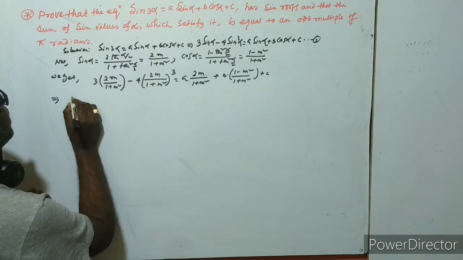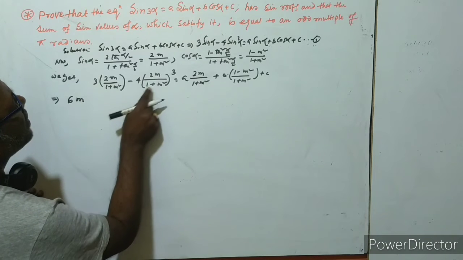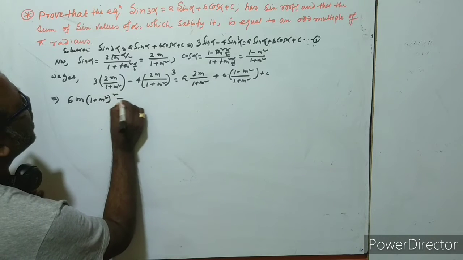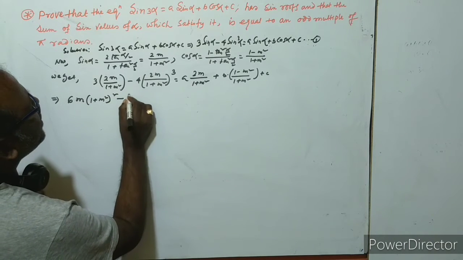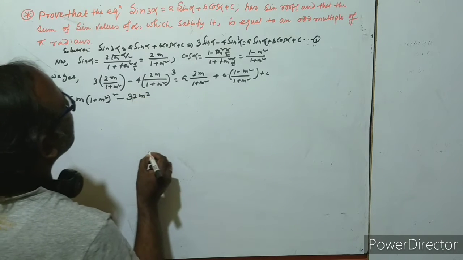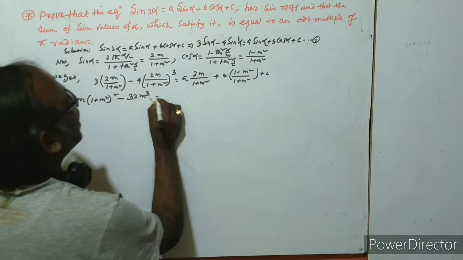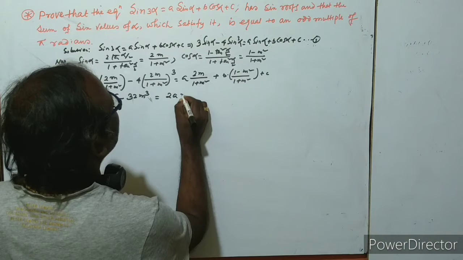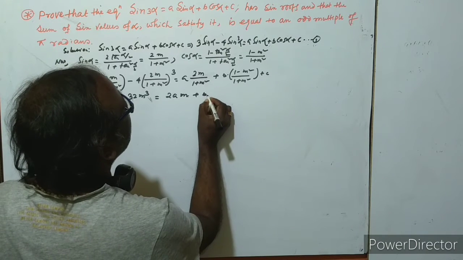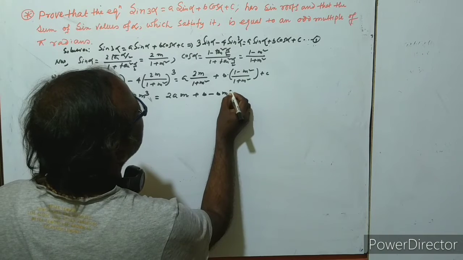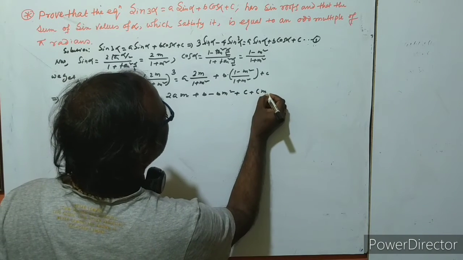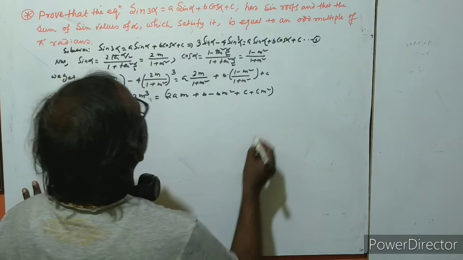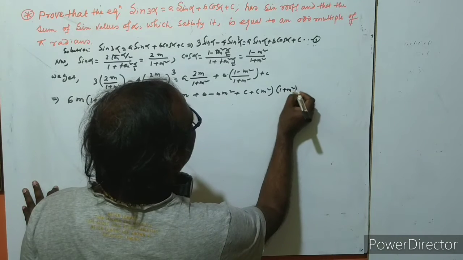Okay, this is 6m here, and this is cube, and this is a to the power 1, so this is a square. And 4 is 32 m cube here, and now see this is 2am + b − bm² + cm², with the multiple of 1 + m² whole square.